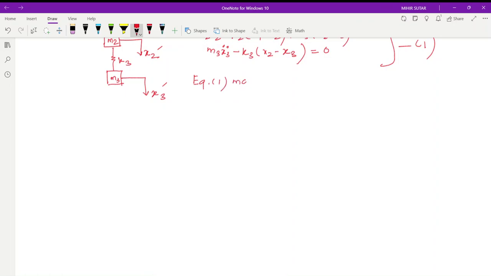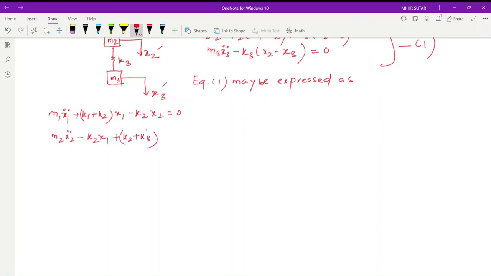Equation 1 may be expressed as m1 x1 double dot plus (k1 plus k2) x1 minus k2 x2 is equal to 0, then m2 x2 double dot minus k2 x1 plus (k2 plus k3) x2 minus k3 x3 is equal to 0.